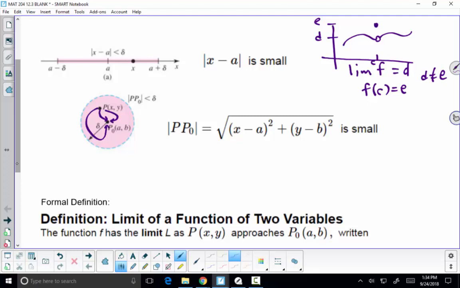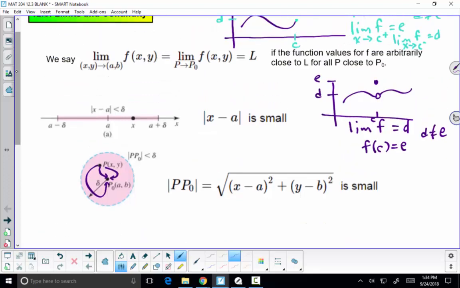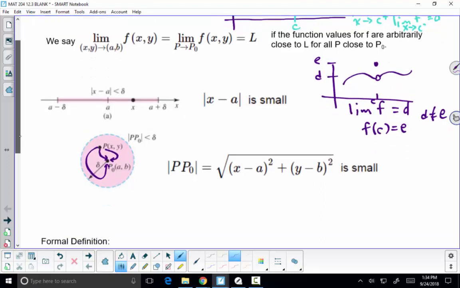Just like up here, we come in from the left, we come in from the right, we get two different limiting values. That means the overall limit does not exist. So with a two-variable function, if we can find two different paths with two different limits, then we know the overall limit does not exist. Every path has to have the same limiting value for the overall limit to exist.